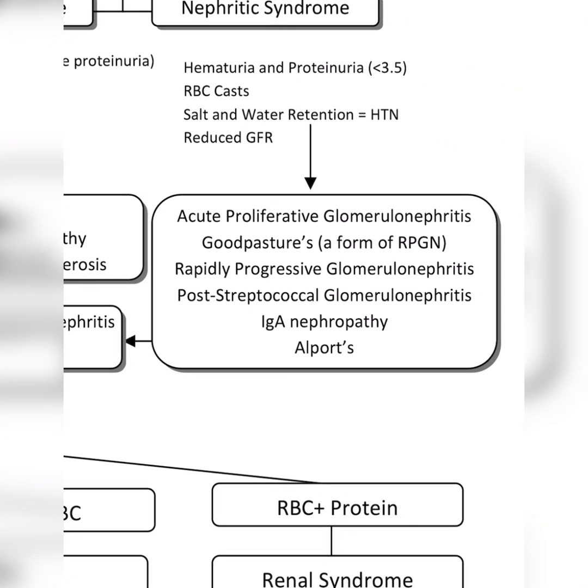In case of nephritic syndrome, there will be hematuria along with proteinuria, and the proteinuria will be less than 3.5 grams per day. RBC casts would be there, and salt and water retention because of failure of the kidneys to do their function, leading to hypertension and reduced GFR. The GFR will be less.